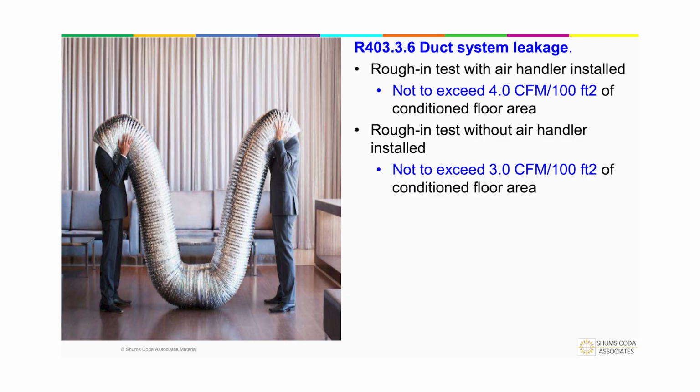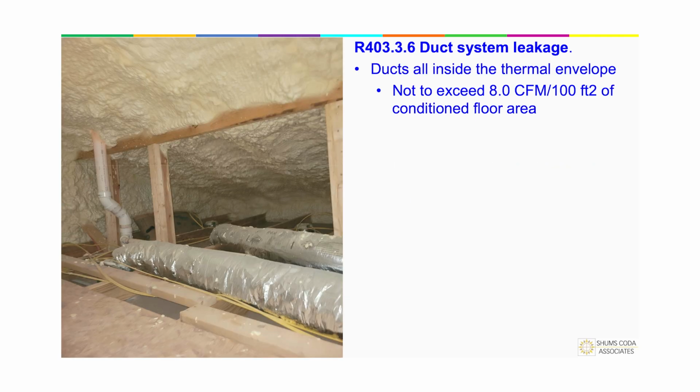If your air handler is not installed and you are doing it at rough-in, then you cannot exceed 3.0 CFM per 100 square feet of conditioned floor area. If you're going to do it at post-construction, you cannot exceed 4 CFM per 100 square feet of conditioned floor area.